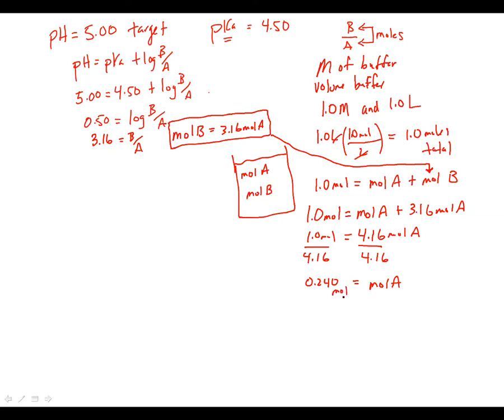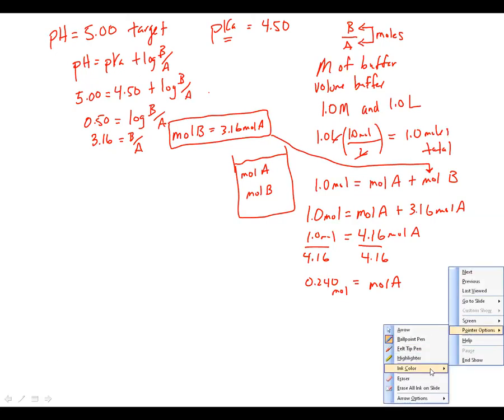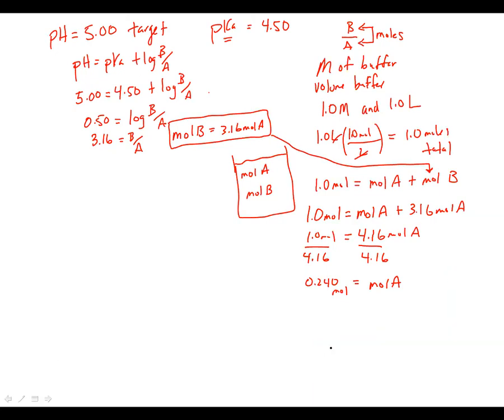Any question on that part of the calculation? And basically what that 0.24 moles represents is the moles of acid we need to put in there. We already know that the moles of the base, which is up here, is equal to 3.16 times the moles of the acid.